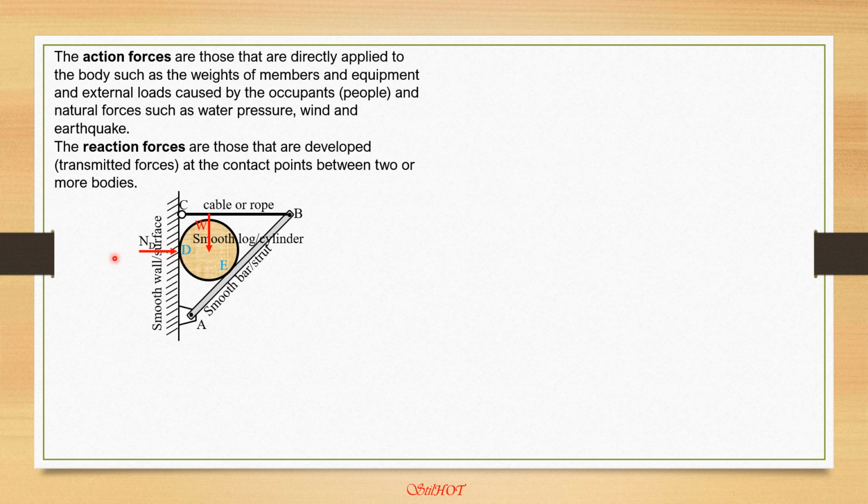At point D we have reaction ND, which is perpendicular to this vertical surface because the surface is smooth. Then we have the tension in the cable, which is away from the point of application.